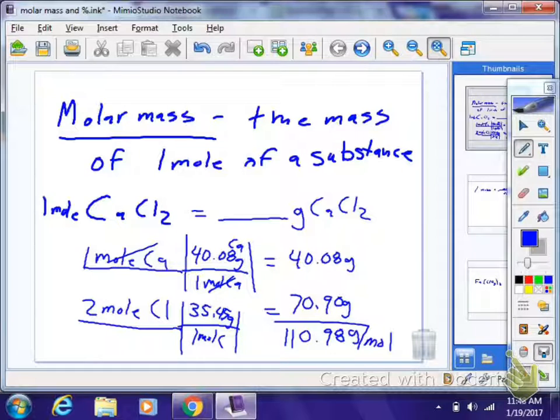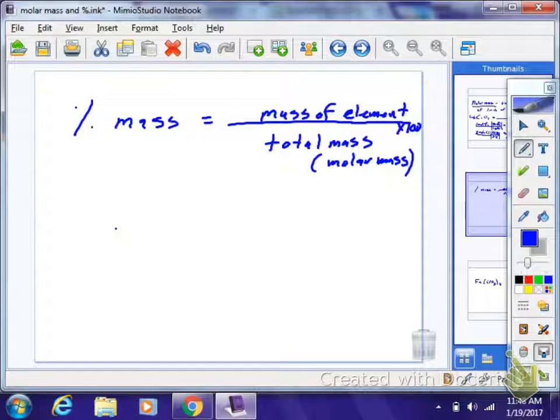Okay. Next thing we're going to do is transition right into the next type of problem because we have all our information to do the next problem. The next problem is finding a percent of any element within a compound. So if I've got a compound, they have this thing called percent mass.